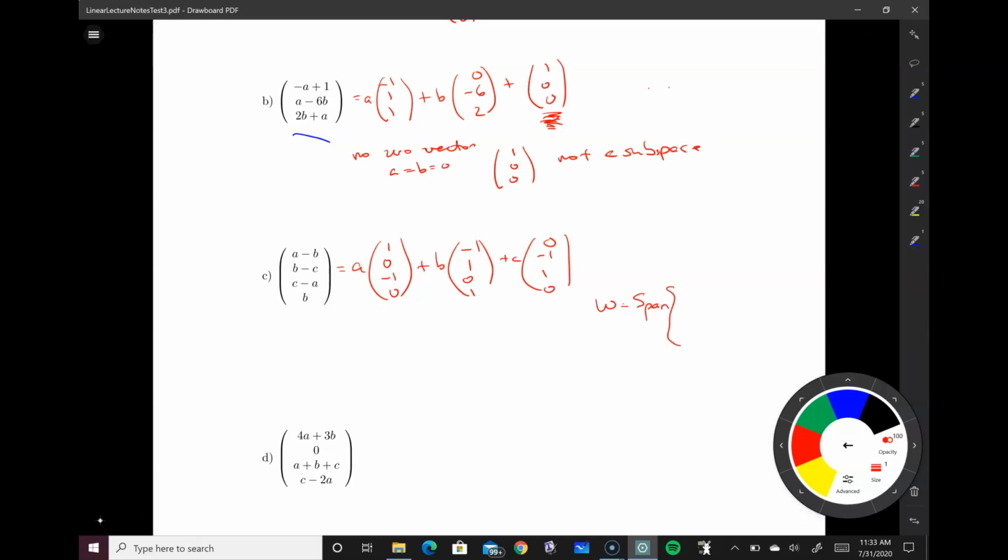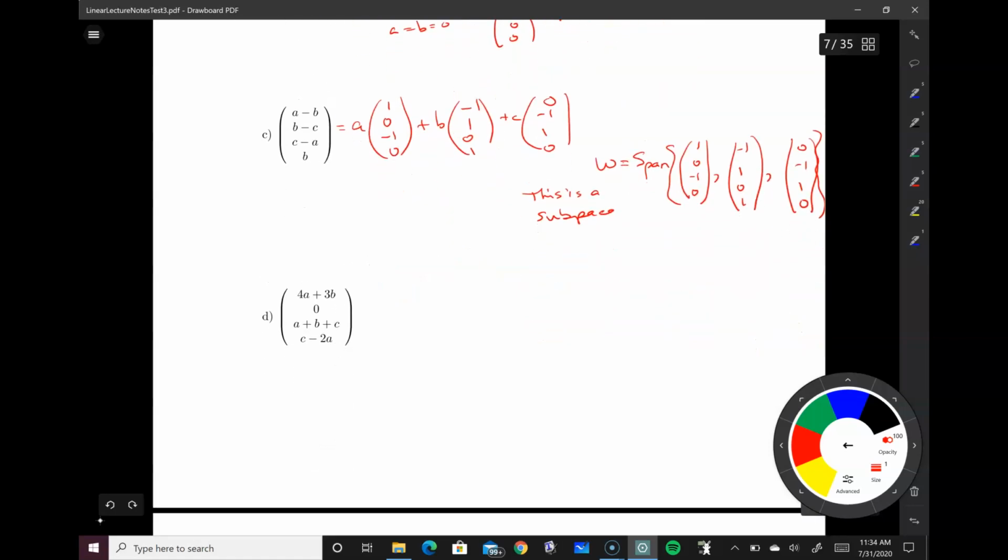I don't have to label them as V1 and V2 and V3. I can just literally write them in my set. So, comma, -1, 1, 0, 1, comma, 0, -1, 1, 0. So since I can say W is a span of these 3 vectors, this is a subspace.